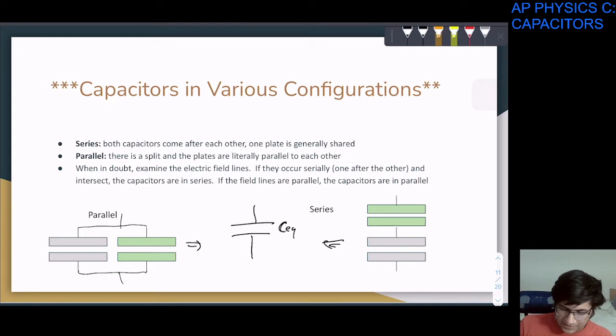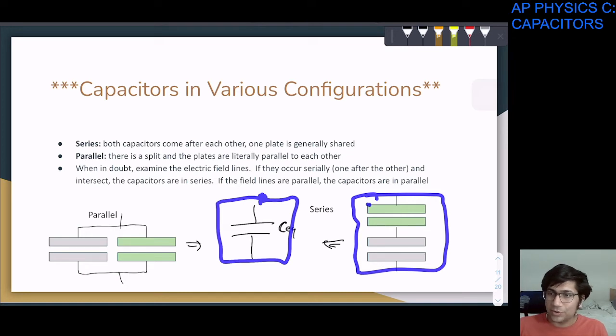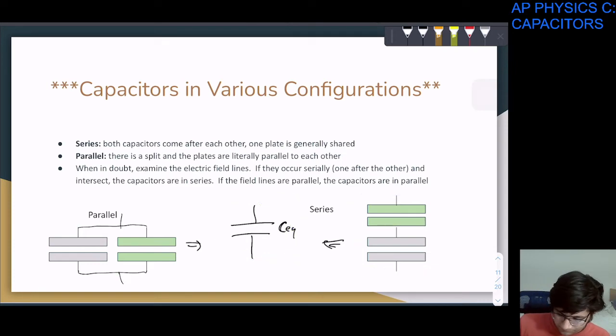If you hide this in a black box, and you have another black box which is the equivalent capacitor, you would have no way of knowing which one's which because they'll both behave the same. That's the key here. We're looking for one capacitor that behaves the same as two capacitors in series, or one capacitor that behaves the same as two capacitors in parallel.